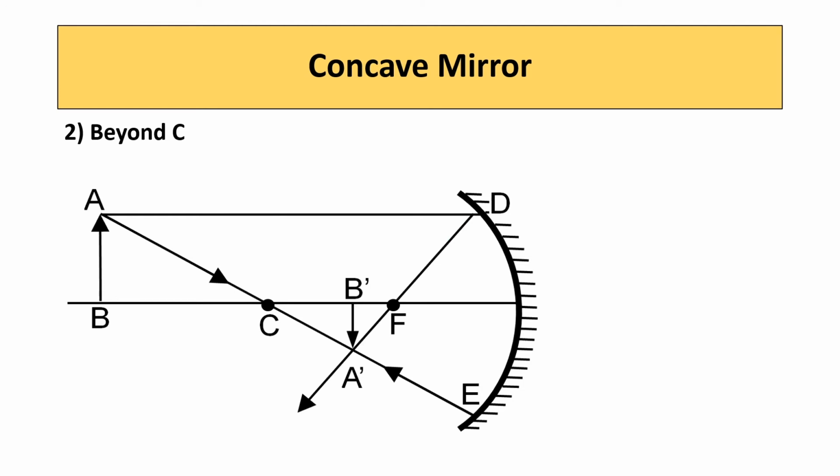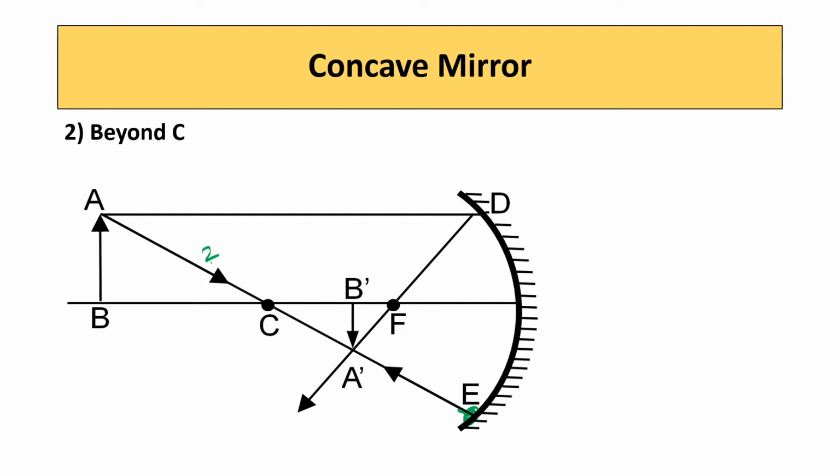The second incident ray, that is ray 2, is passing through the center of curvature and striking the mirror at this point. According to rule 3, it should reflect back along the same path.